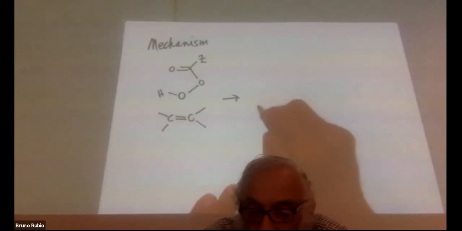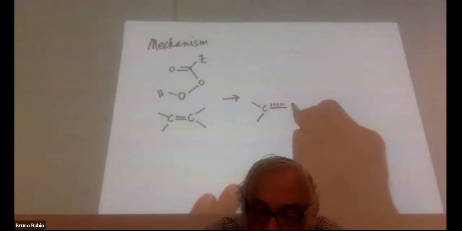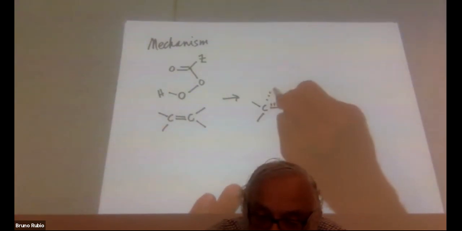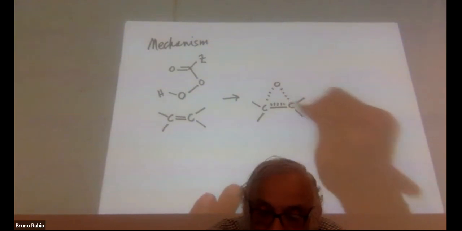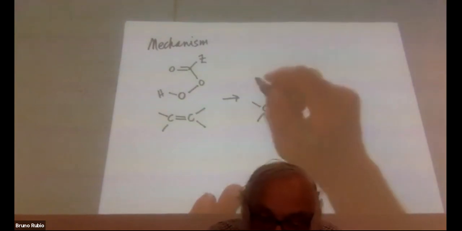We can picture the transition state for this reaction. This double bond is going away, so I'm going to dot it like that. This carbon atom is forming a bond to that oxygen. Both of them are. So that's all dotted.